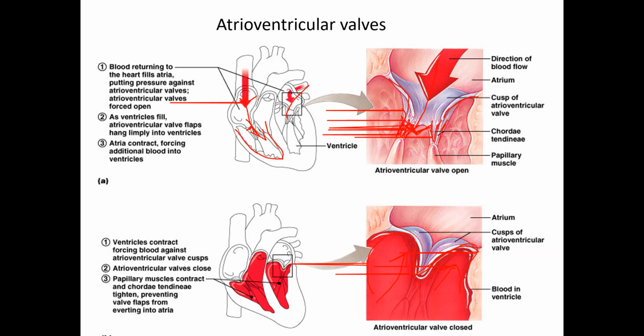You want those flaps to close up because now the blood has to be directed into the big vessels that are connected with the ventricles, depending on, of course, which circulation you're talking about.